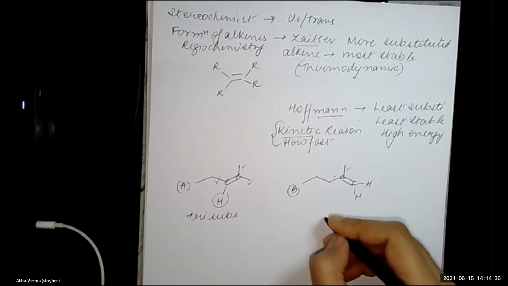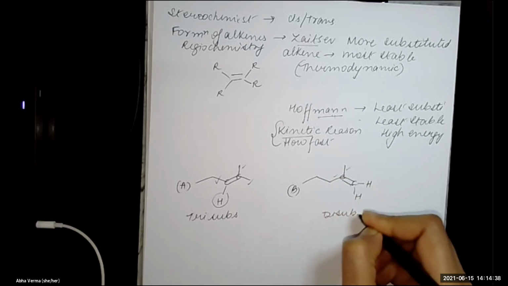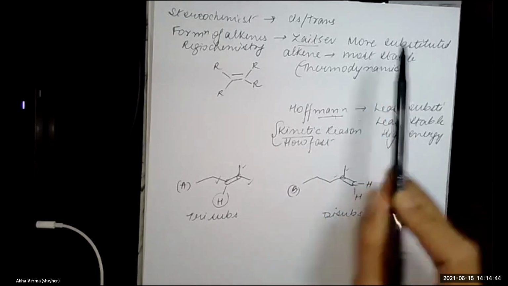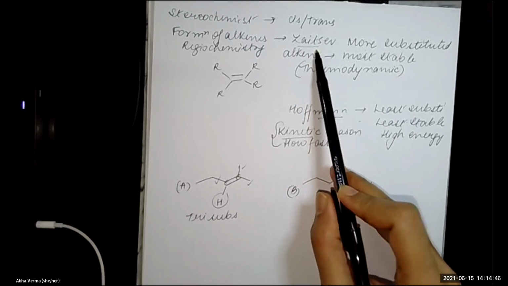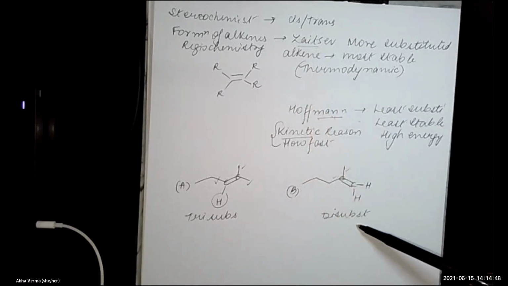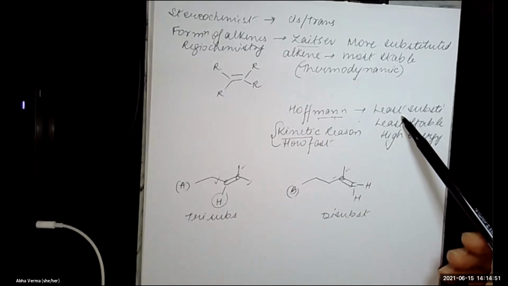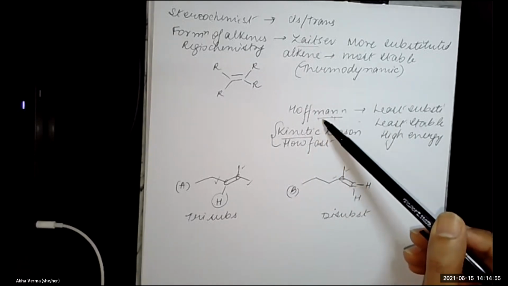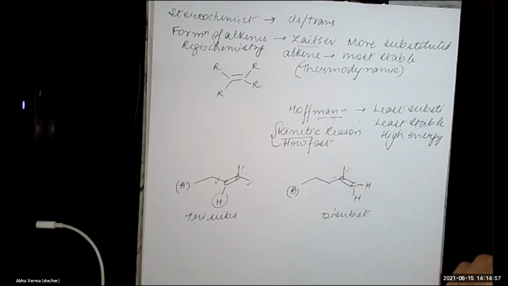Very good. And that's why this is a di-substituted alkene. So a tri-substituted, which is the more substituted alkene, is the Zaitsev alkene, whereas the di-substituted alkene, which is the less substituted alkene, is the Hoffman alkene. Okay? Thank you, Nelson. Thank you very much.